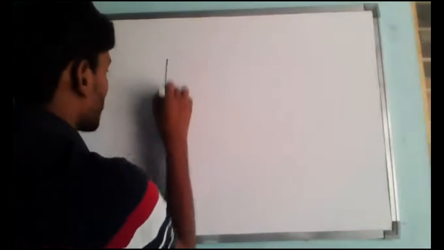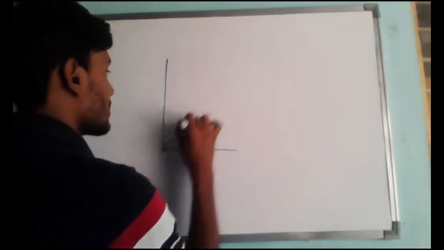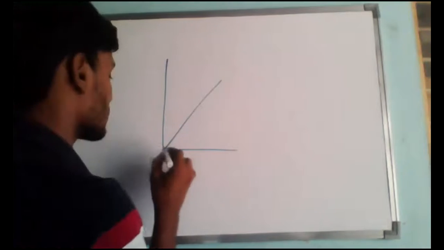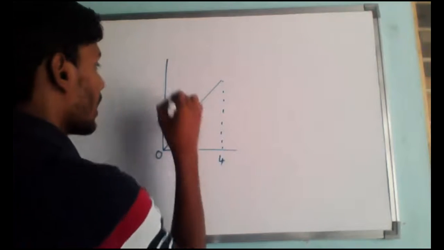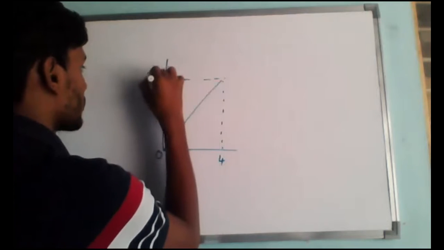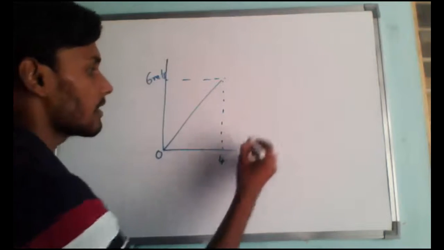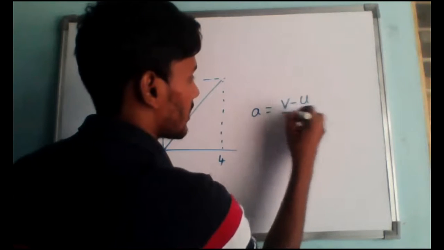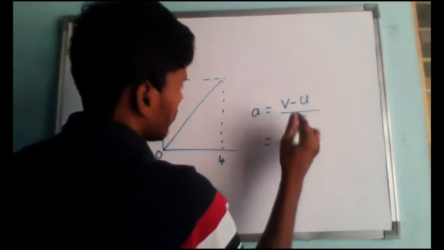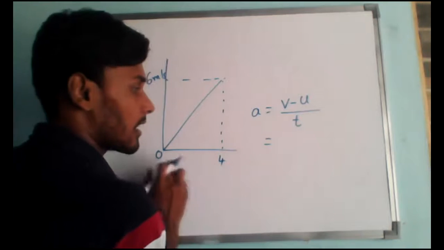They are asking you to find the acceleration. Time to reach here is how much? 4. And this is the speed, which is equal to 6 meter per second. Acceleration is equal to final velocity minus initial velocity divided by time.